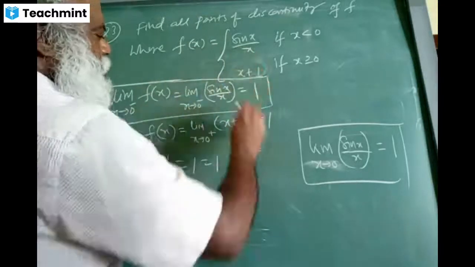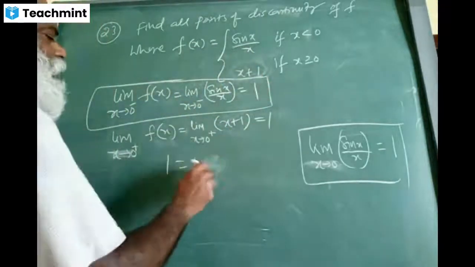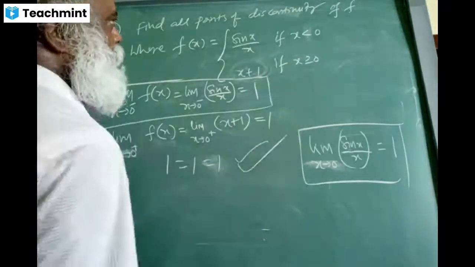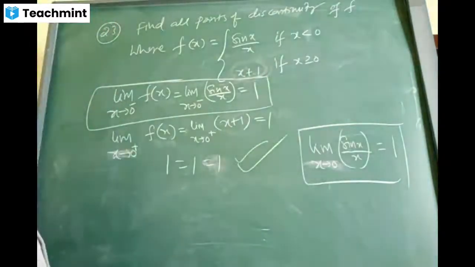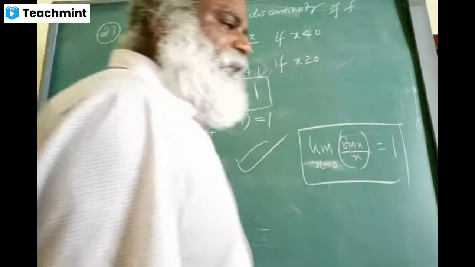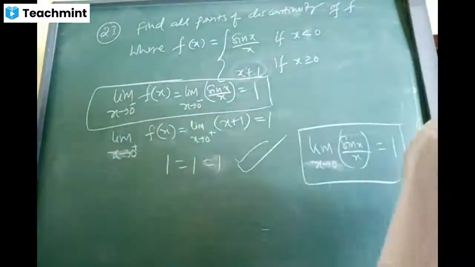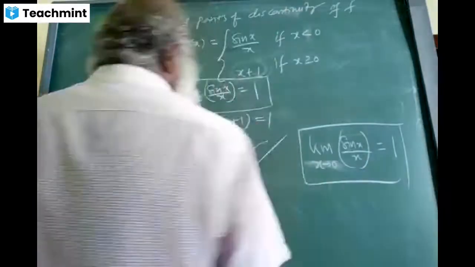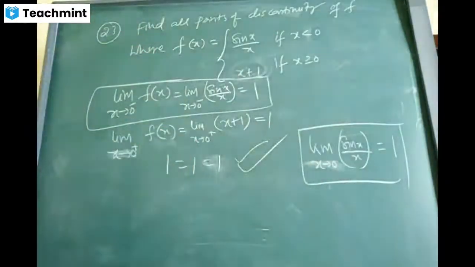Therefore, it is continuous at x equal to 0. Find all points of discontinuity: there is no point of discontinuity.